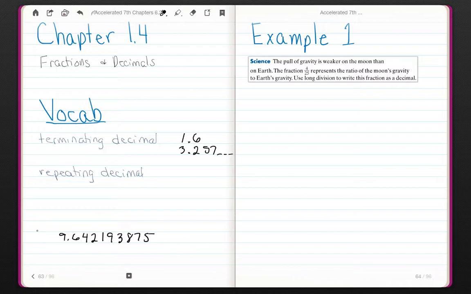A calculator only has so many spaces for digits. So if you get a number that looks like this, you can assume that it is actually not terminating. Okay? Just because the calculator runs out of room doesn't mean that the actual number runs out of room.